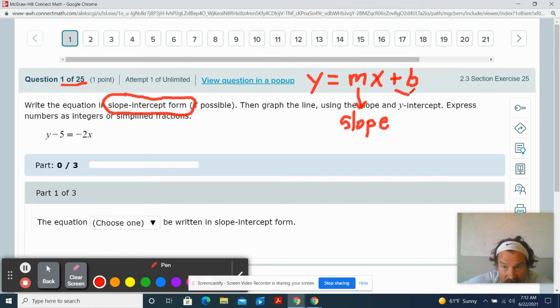And this value here, b, it says positive b, but you could actually have a negative number here too. Whether it's positive or negative, that b right there is your y-intercept. It's where the line crosses the y-axis. And if we know the slope and the y-intercept of a line, it's pretty easy to graph.